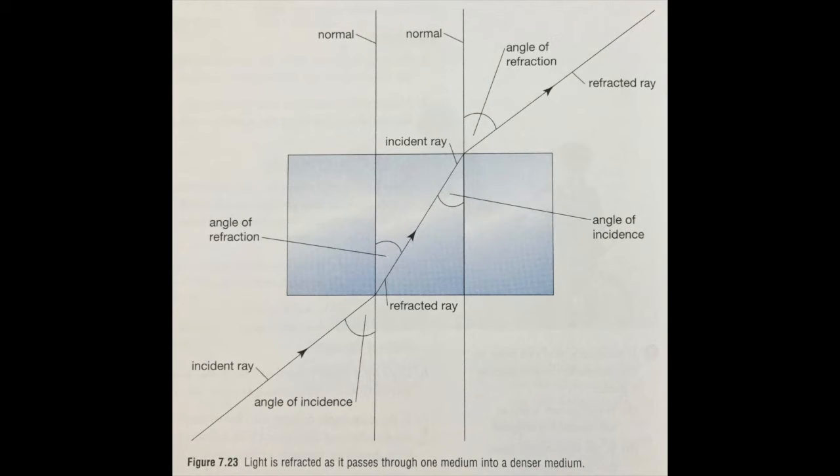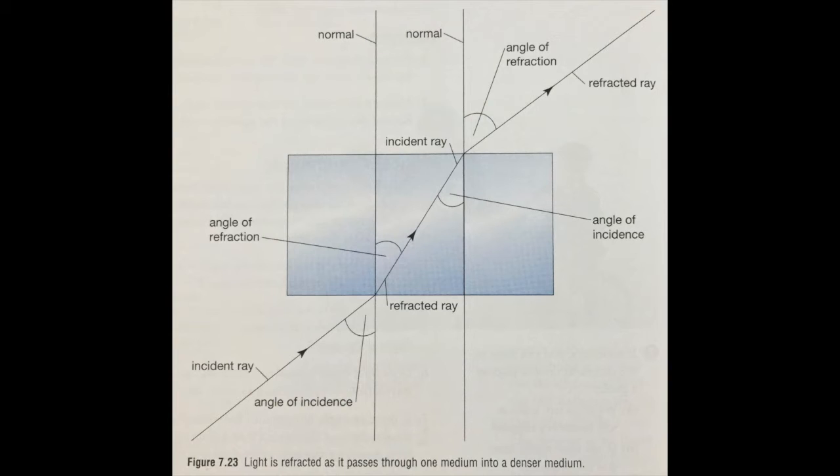So look at the normal through the object. You can see that as light is passing, you have the incident ray in air, it hits the water, whatever it is, it's more dense. The shaded area is denser. So it's going to go toward the normal if it goes into more dense material.